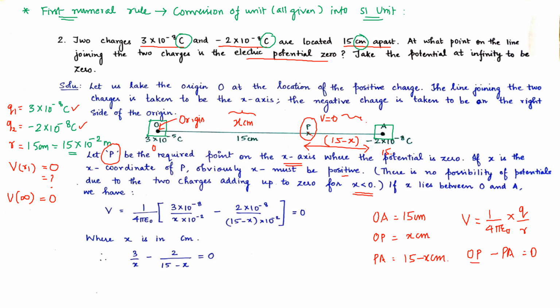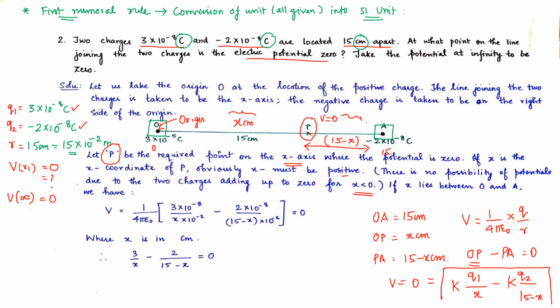So for OP it will be K into Q1 upon x minus K into Q2 upon 15 minus x. This is the formula we are using, and this potential will be equal to 0.